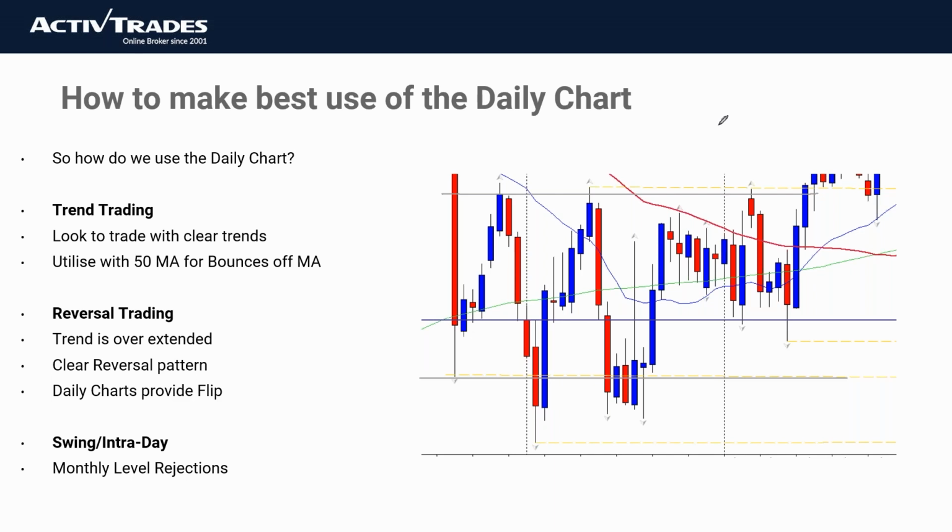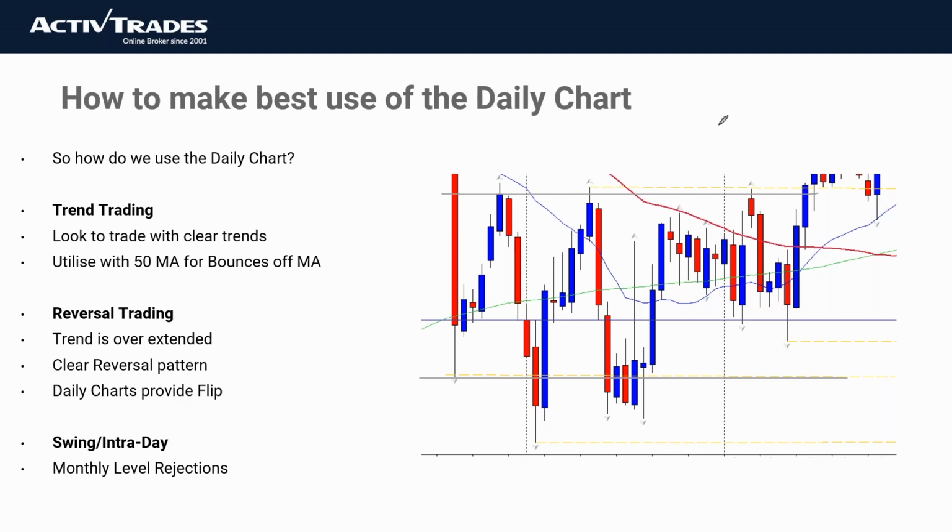There might be swings within that, which give you opportunities for reversal trading. But as a general rule, if you're looking to trade a trend, it should be very clear. And if it's not clear, if you're struggling, if you're not really sure, the likelihood is it probably isn't a trend there. A very simple way to trade with trends is to trade with bounces off a moving average.